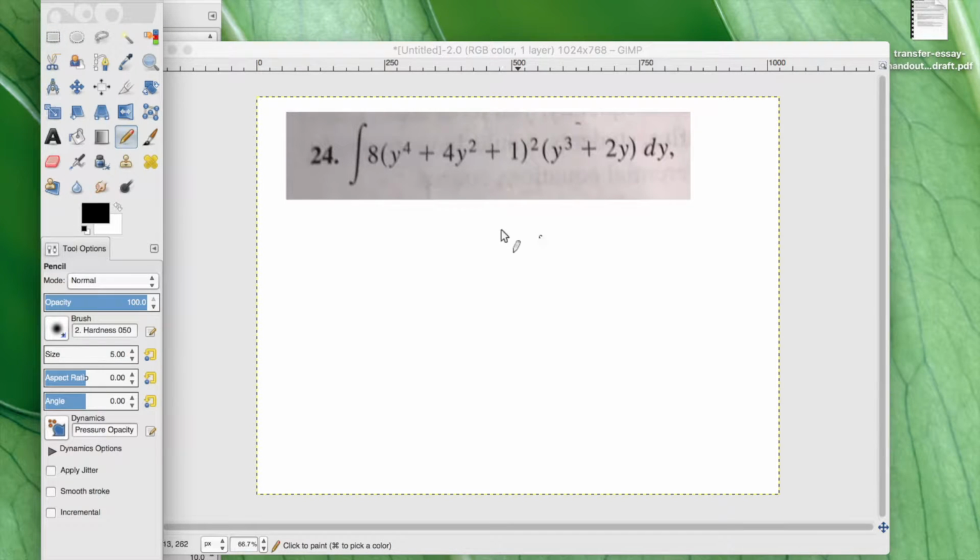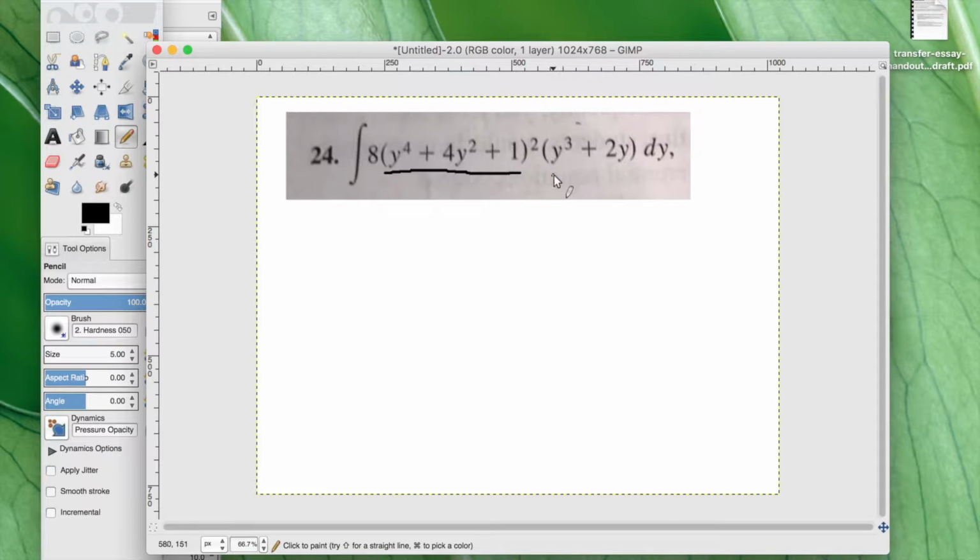So let's start. Here we have several values: y to the 4 plus 4y squared plus 1, and y cubed plus 2y. One thing that comes right away to me is that this y cubed is exactly 1 less than y to the 4th right here.